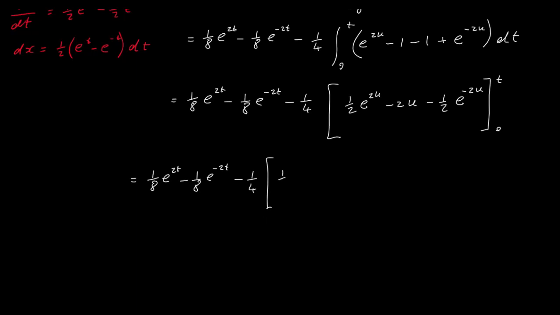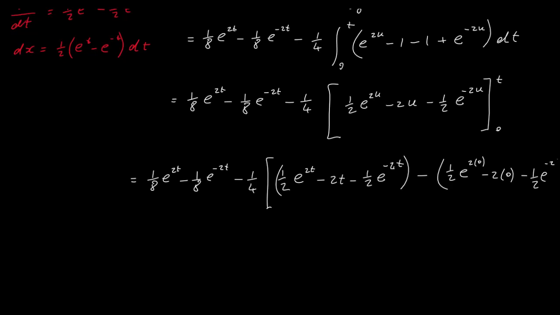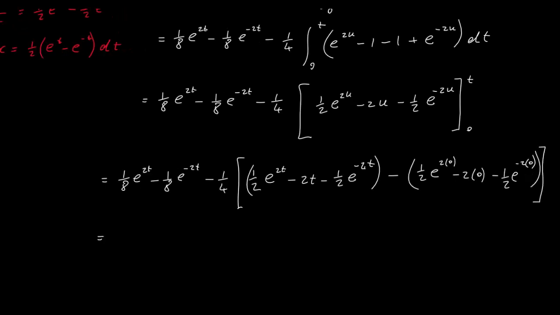But anyway, let's see, we've got 1/2 e to the power of 2t minus 2t minus 1/2 e to the power of minus 2t minus, now we've got to put zeros in here, so it's 1/2 e to the power of 2 times 0 minus 2 times 0 minus 1/2 e to the power of minus 2 times 0. Okay, so now we've got a 1/8 e to the power of 2t minus 1/8 e to the power of minus 2t.